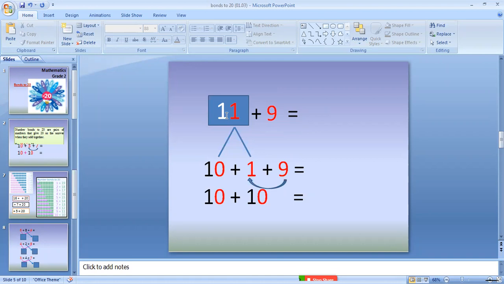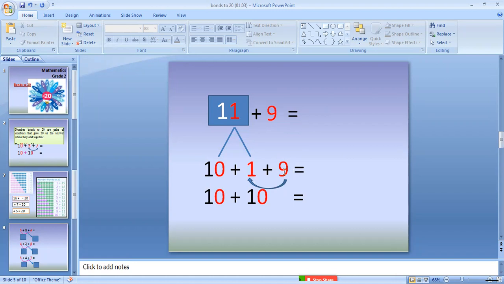We can write number 11 as 10 plus 1. And next we can add this 9. Now we have expanded this sum: 10 plus 1 plus 9.